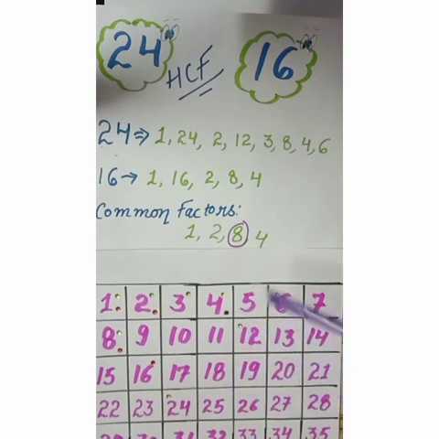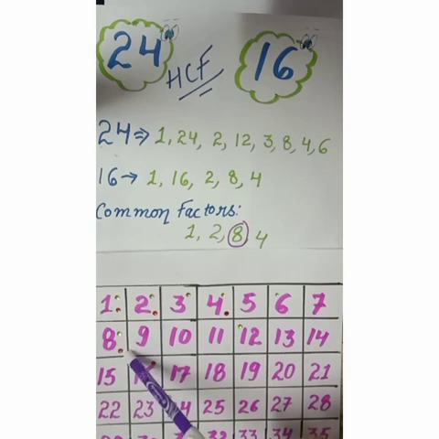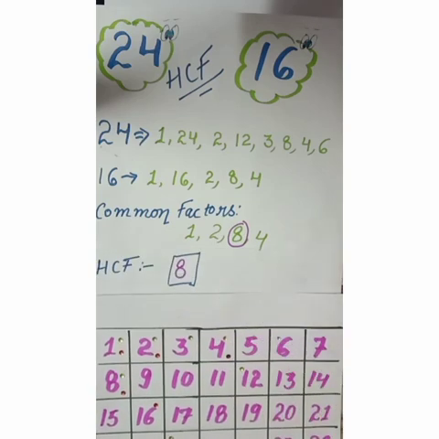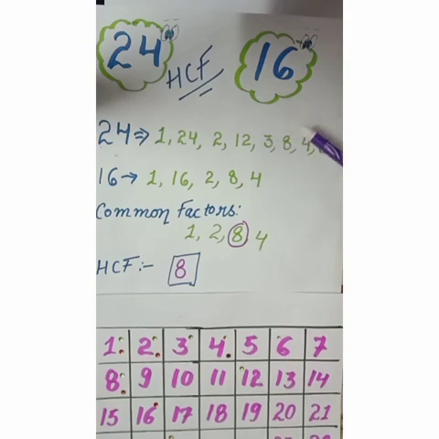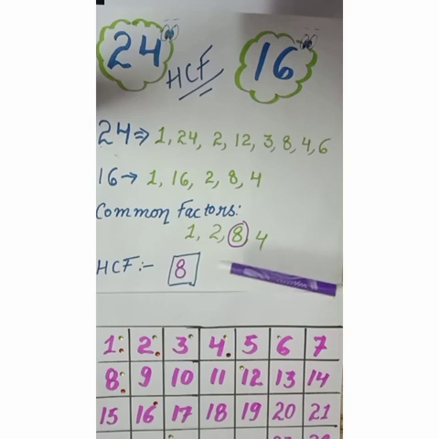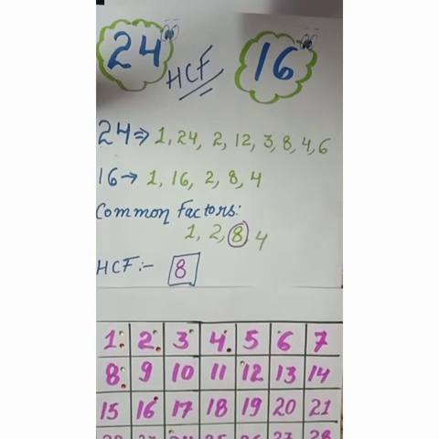Now easily they can find the highest of all these. 8 is the highest, so they wrote the highest common factor is 8. Now numbers 24 and 16 got their highest common factor, that is 8. So this is the way to find the HCF by the listing factors method.